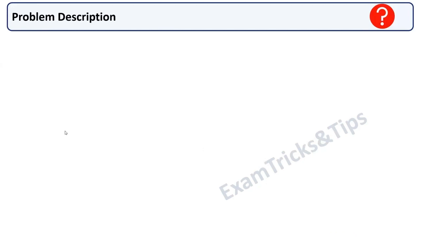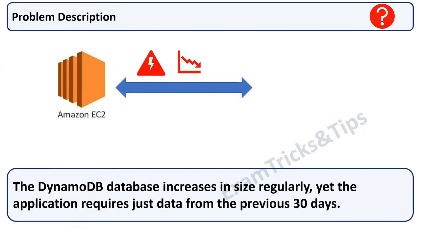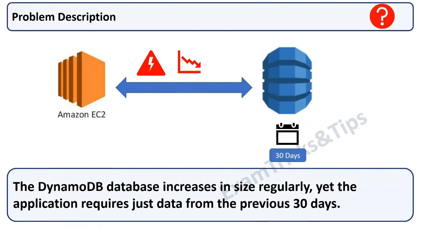So you have an application which is based on EC2, and that application is writing data to DynamoDB on a regular basis, and the database size is increasing day by day. However, the application needs only data from the previous 30 days. So you don't need all the data all the time. At any point in time, you just need to go back to the previous 30 days.